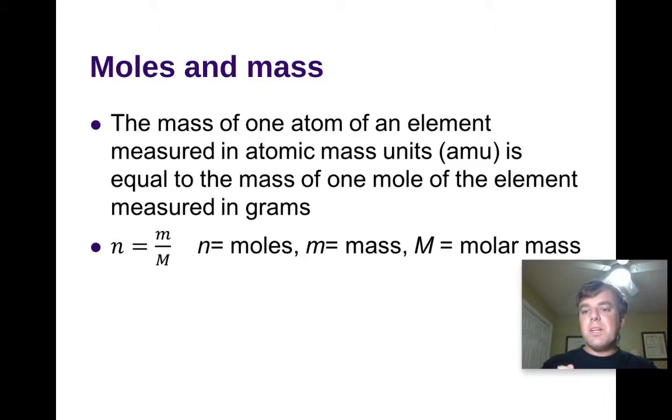If you look on the periodic table, that number written under the element is the average atomic mass of that element, and that's how many grams are in 1 mole, or 6.022 times 10 to the 23rd molecules of that element.